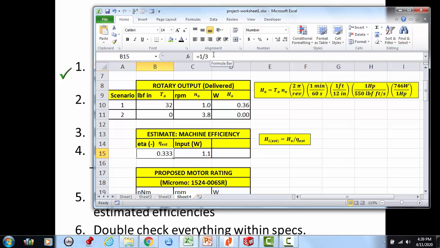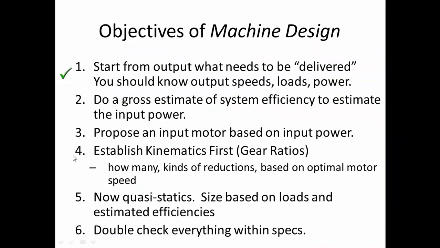So I had an idea it was going to be about a third. My input power is basically the output power I originally had for my loaded scenario, divided by my estimated efficiency. So I'm going to be looking for a motor that can provide this 1.1 level of wattage. Not a lot. So I have this second step squared away.